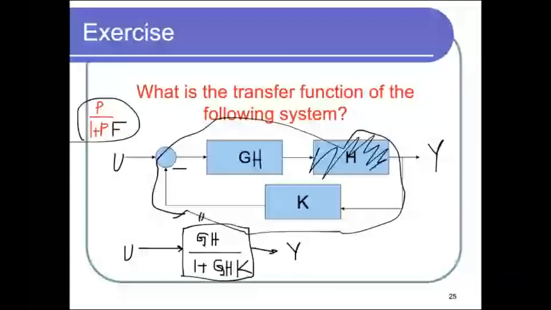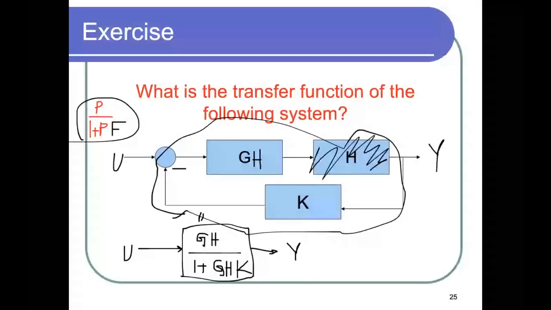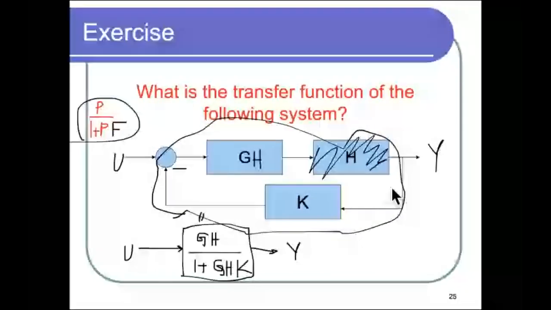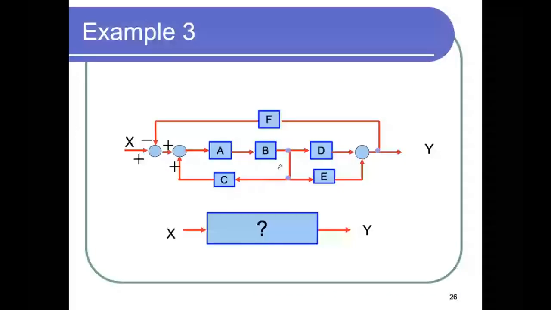Let me go back: if I have a feedback system like this, with the summation positive, then it's G over 1 minus GH. Then it's G over 1 plus GH for negative feedback. This is for a general feedback loop.